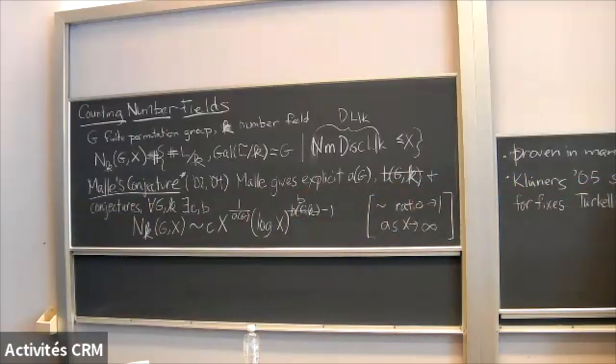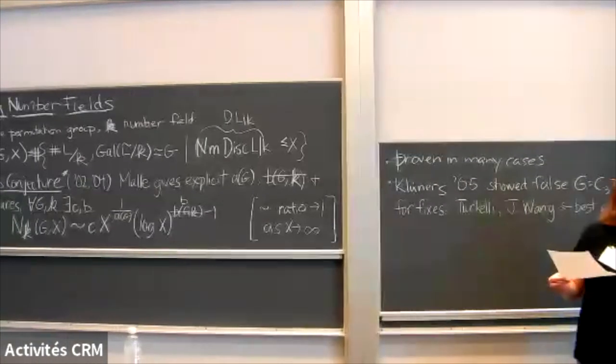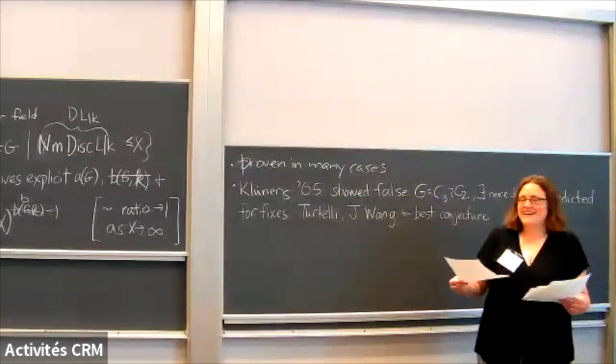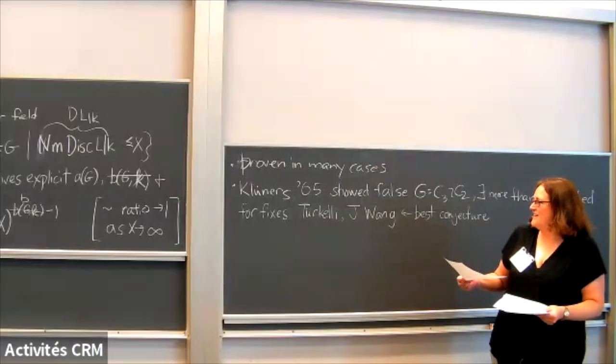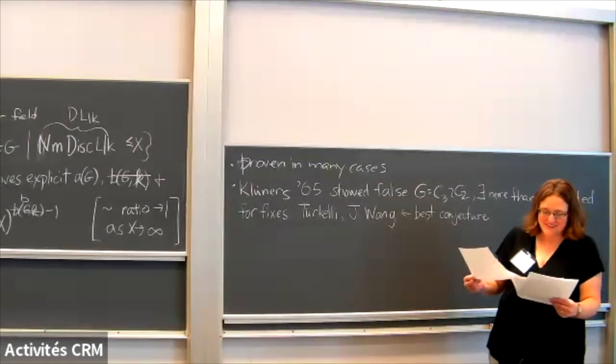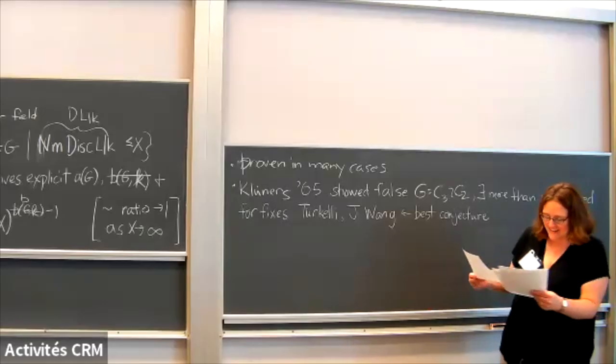When you talk about the conjecture, do you also mention what this happens? They are in my notes to make a comment at an appropriate place. Yes, thank you for reminding me of that.